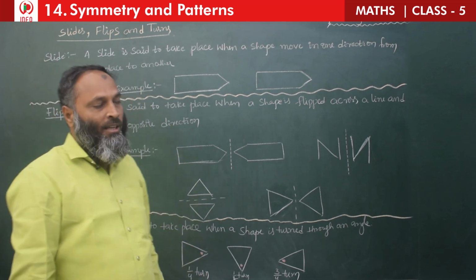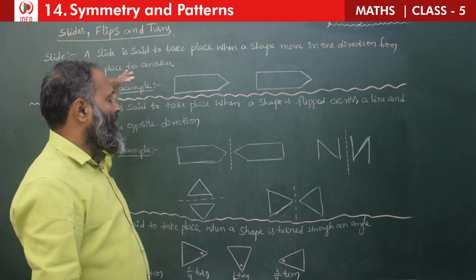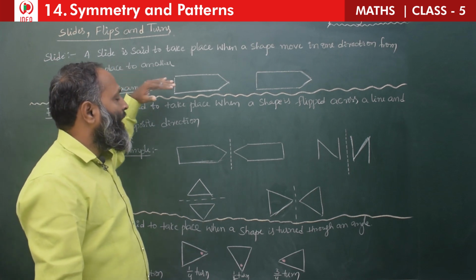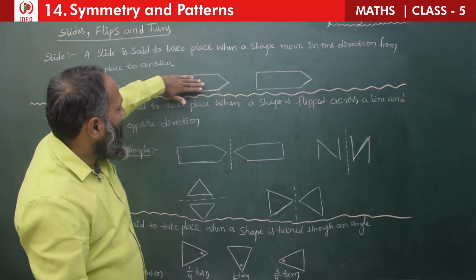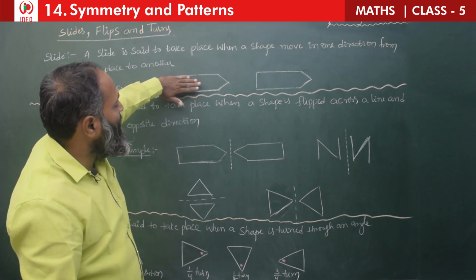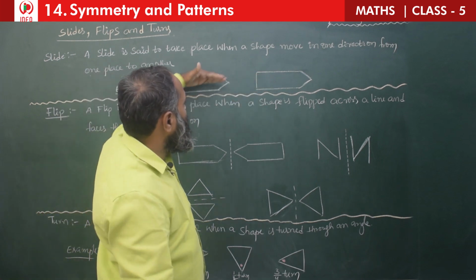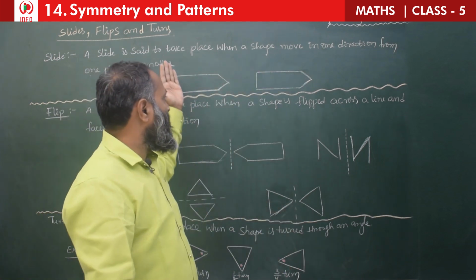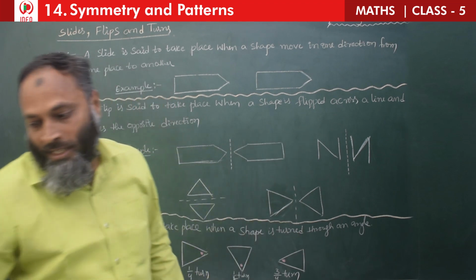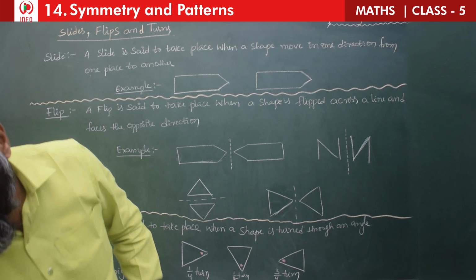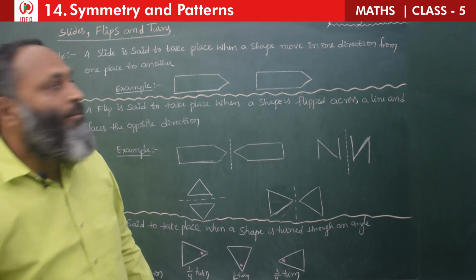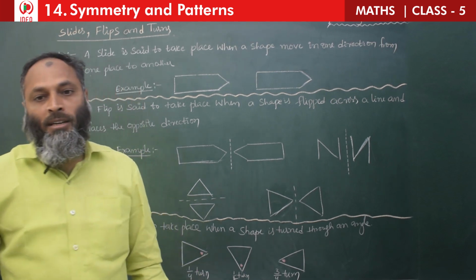Whatever the object is, it should move in one direction from one place to another. Here it slides from here to here, so it's called a slide. Okay, so that is a slide.